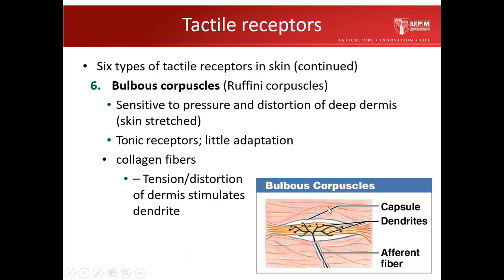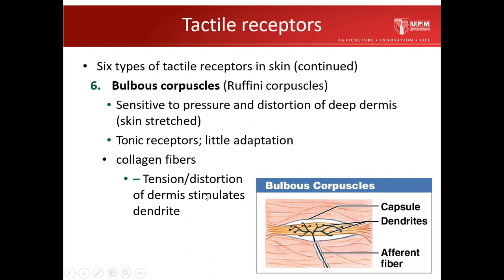If you look at this picture, we have a capsule that surrounds a core of collagen fibers that are continuous with the surrounding dermis. Within this capsule, you can see a network of dendrites intertwined with the collagen fibers.